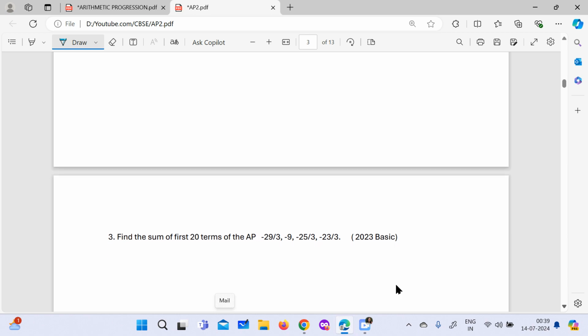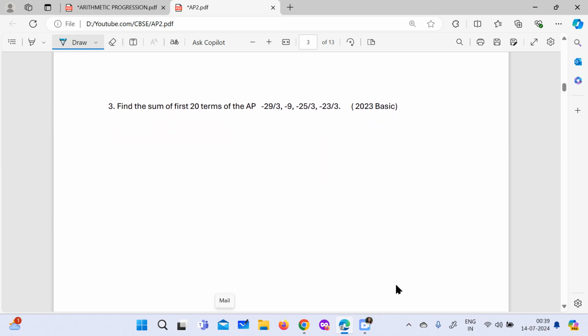Okay, so this question says find the sum of first 20 terms of the AP, and this question has come for 2023 basic paper. So n value we have, that is 20, and our question is S20 because it says sum of first 20 terms. So you are going to find S20.